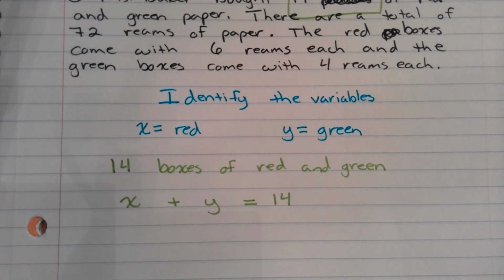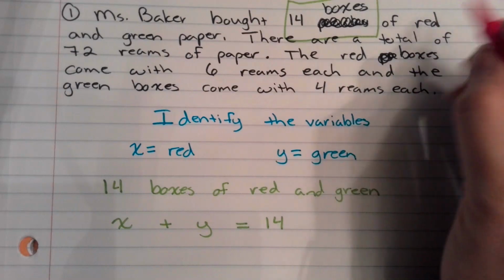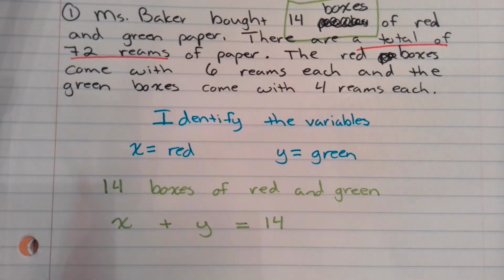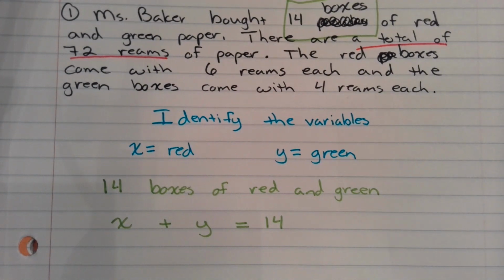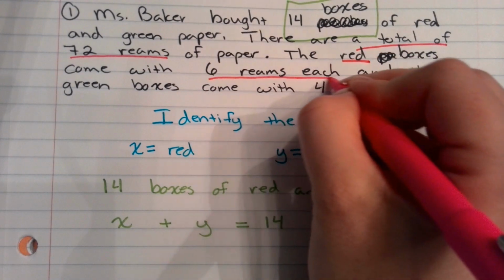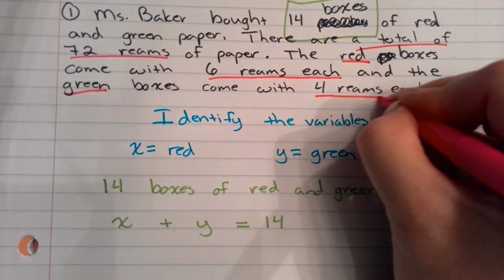Okay? Now the next thing that I notice is I have a total of 72 reams. And in each of the boxes, my red has 6 reams each, and my green has 4 reams each.